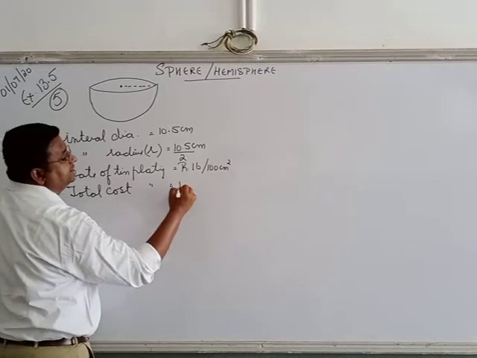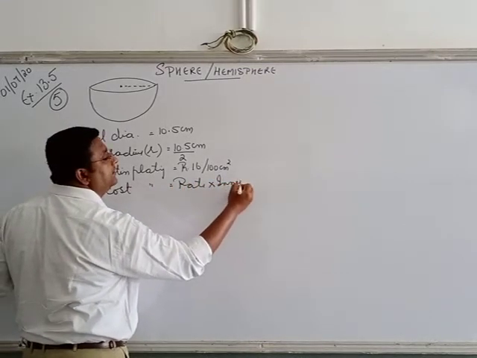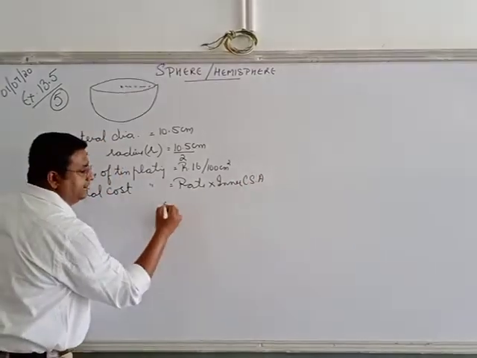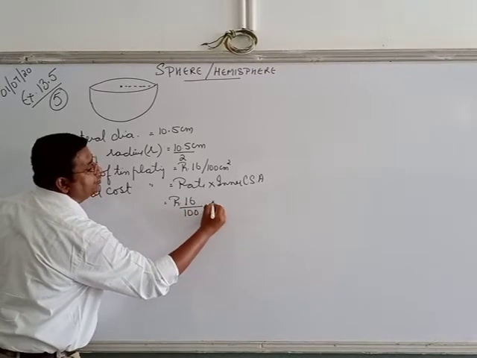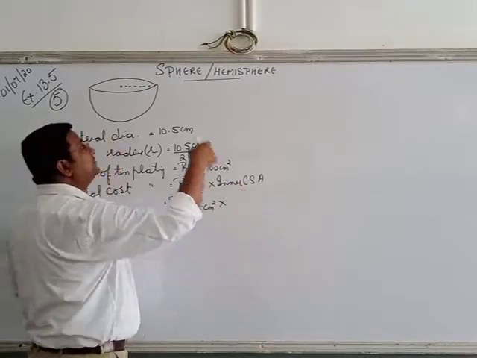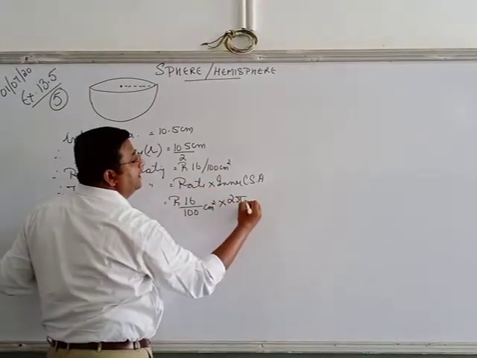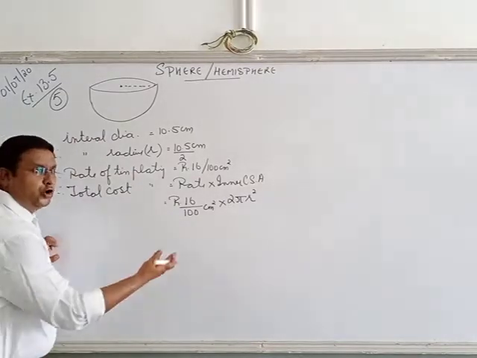So therefore, total cost of tin plating is equal to rate multiplied by inner curved surface area. So rate is rupees 16 per 100 centimeter square multiplied by inner curved surface area of a hemisphere. Formula 2 pi r square. Can we solve it?